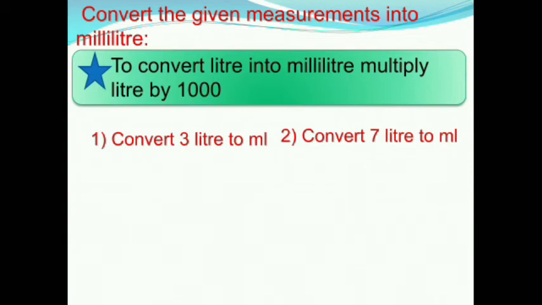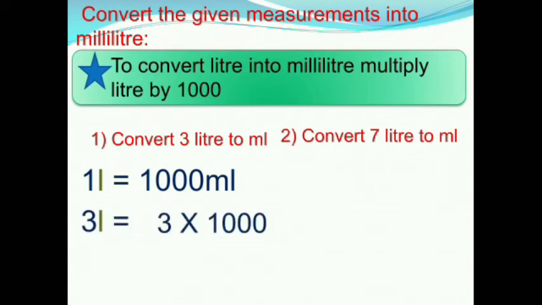Yes, 1 liter is equals to 1000 ml. Now we should multiply 3 by 1000. What is 3 into 1000? Yes, 3 multiplied by 1000 is equals to 3000. Therefore, 3 liter is equals to 3000 ml.